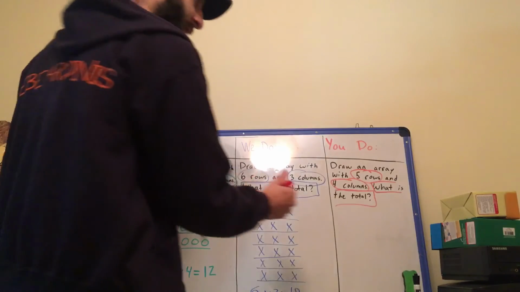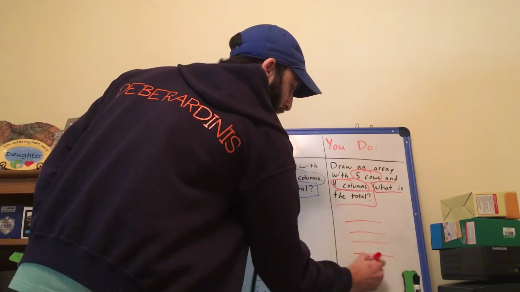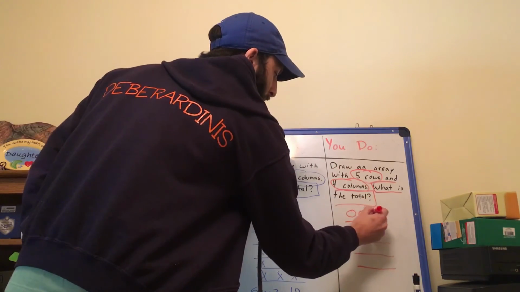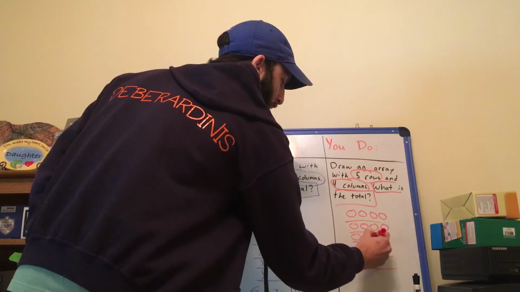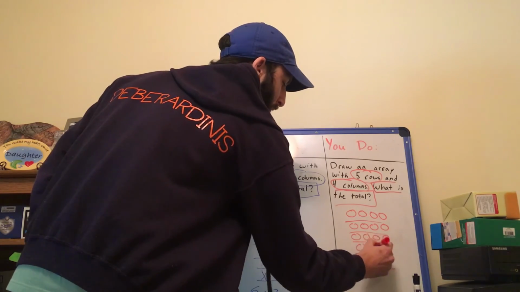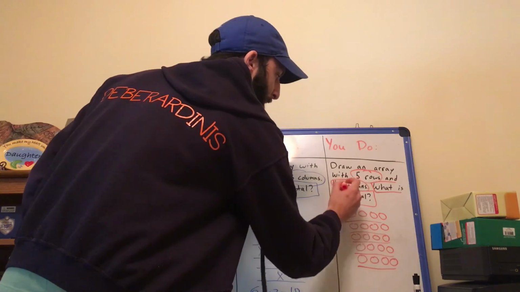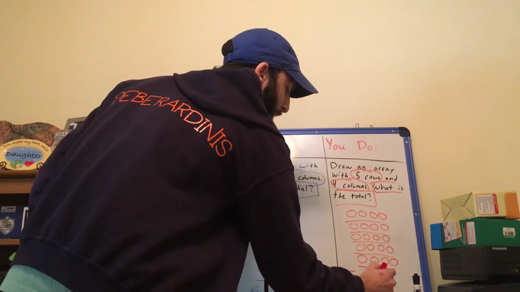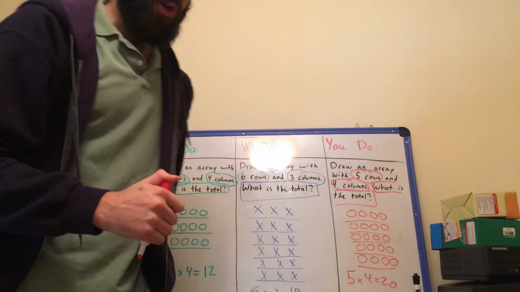Here's the answer. 5 rows, 4 in each, 5 times 4 equals 20.